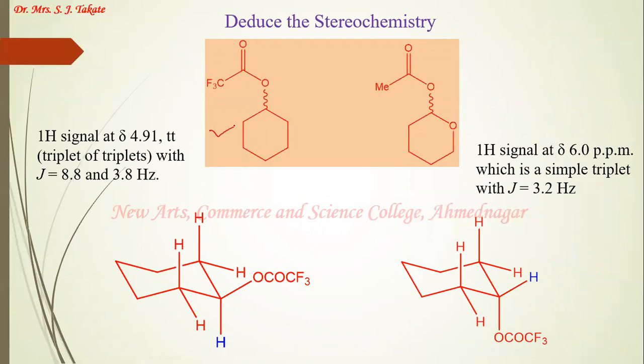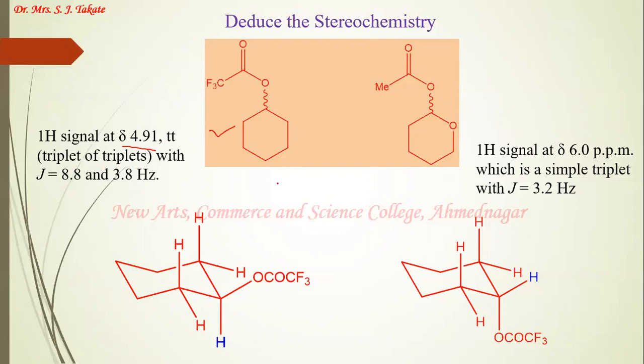First example is this, where the ester group is present on the cyclohexane ring system, and we have to find out the stereochemistry of this carbon atom. The NMR spectrum of the compound shows a signal at 4.91, which is a triplet of a triplet with one coupling constant value 8.8 and the other 3.8.